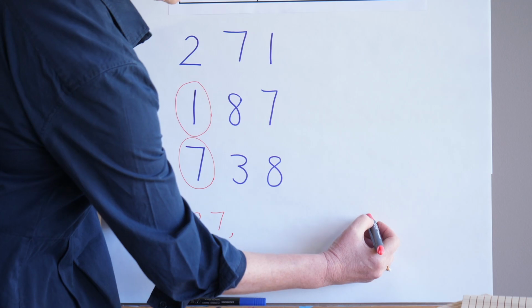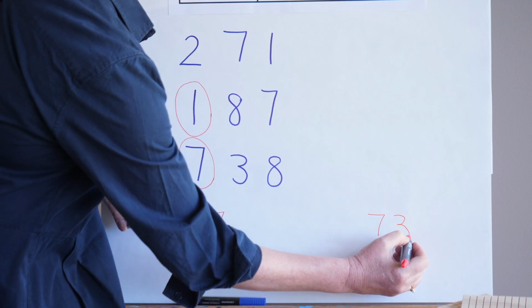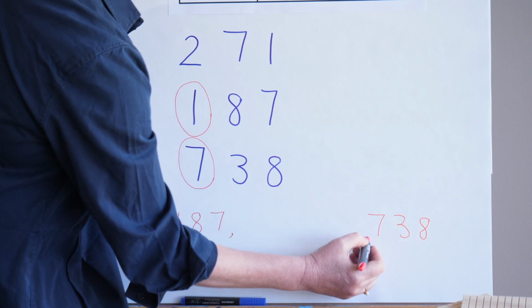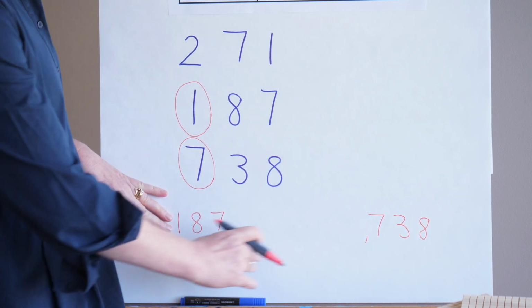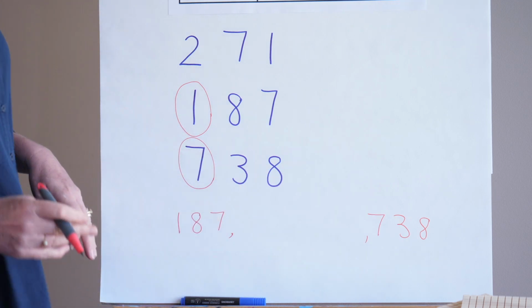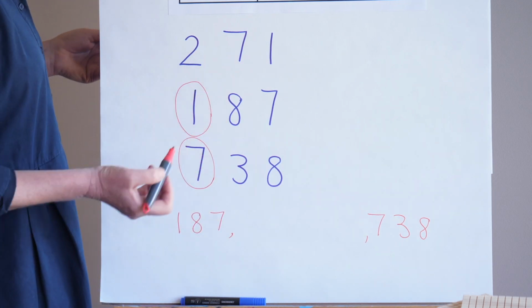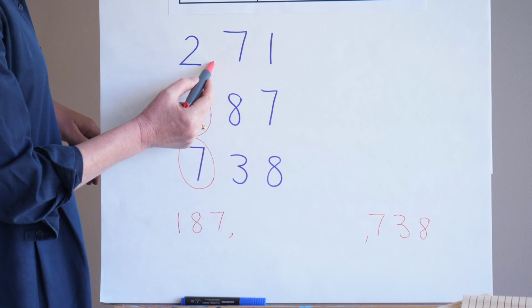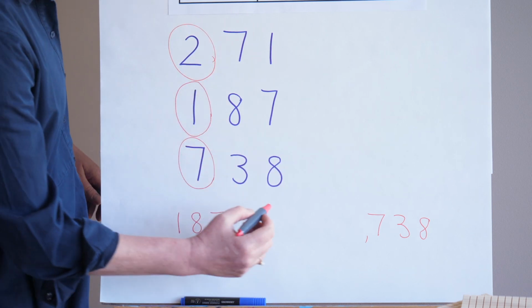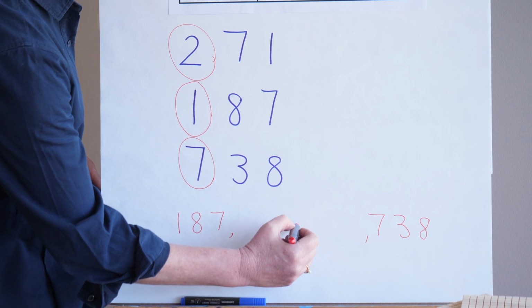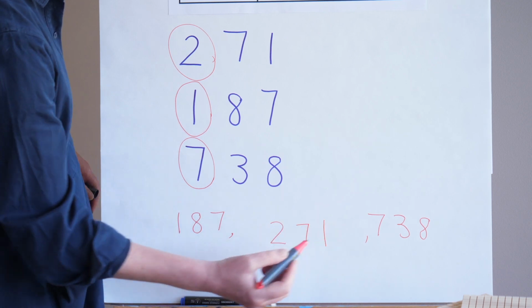738, at the end of my sentence, 738. I can see my smallest number, I can see my biggest number, so now I know that my middle number, one in between, must be 2. So the middle number is 271.